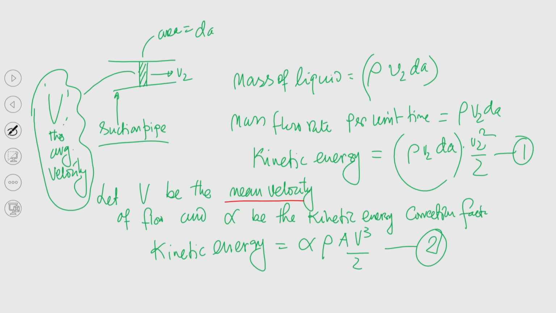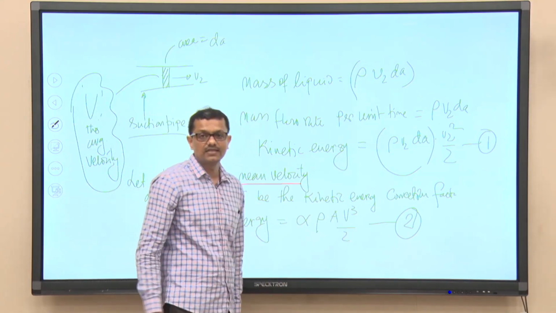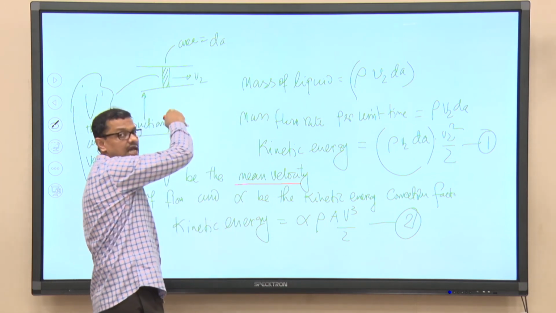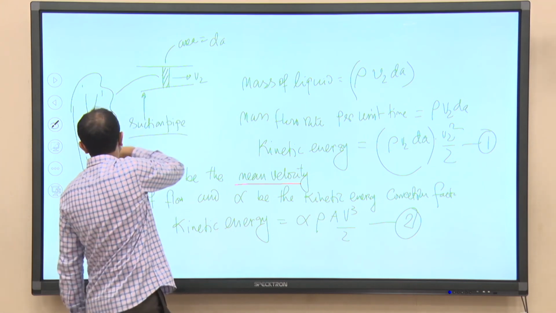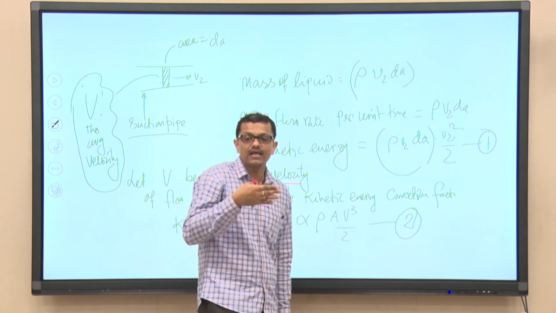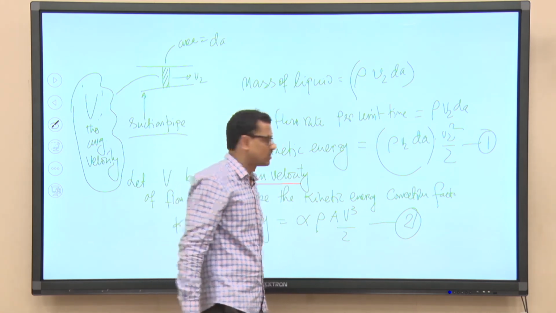Mind it, to approximate that the velocity is uniform over that cross section, we had to consider this alpha, the kinetic energy correction factor. Definitely V is not uniform everywhere, but still we are considering the uniform velocity capital V, multiplied by alpha. So, that alpha will take care of the effect of non uniformity of the velocity at that particular section.